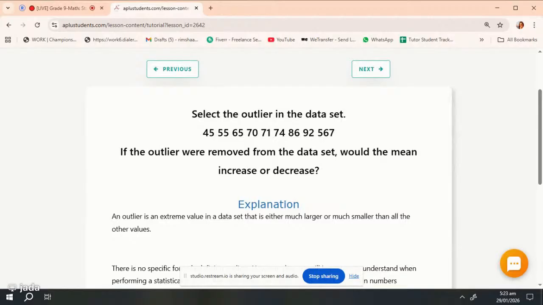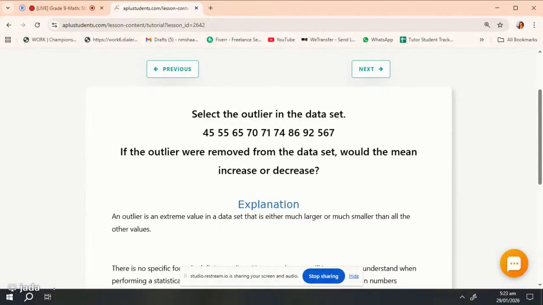Next, this one. Select an outlier in this data. It's starting from 45 and then ending at 67. Now when it's 45, then it's a 10 difference, 55, 65. Okay, so which value is much larger in all this data, or is it a smaller value?